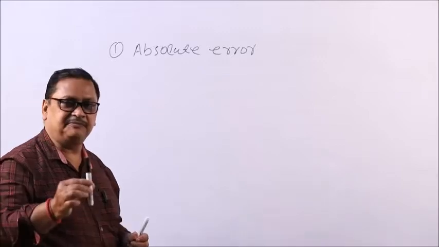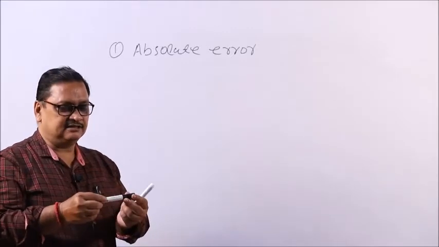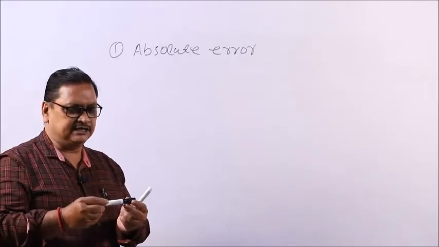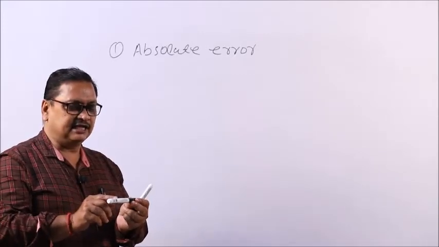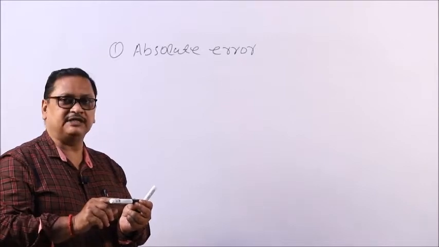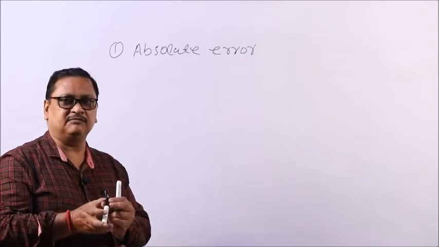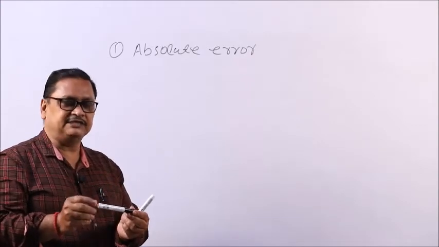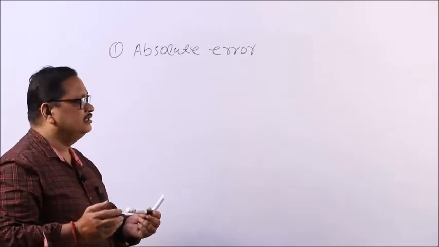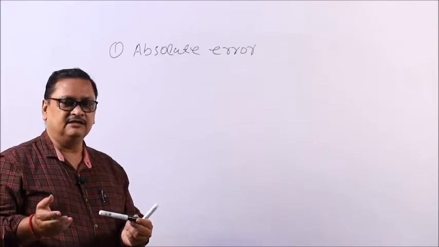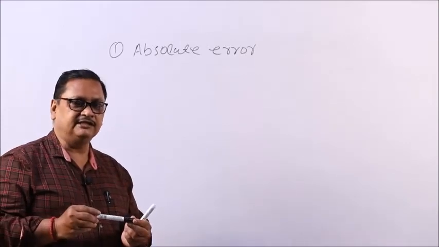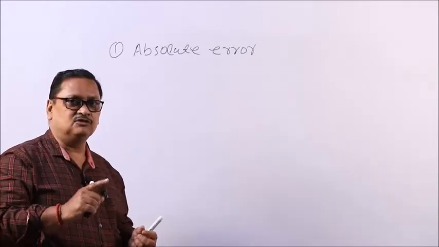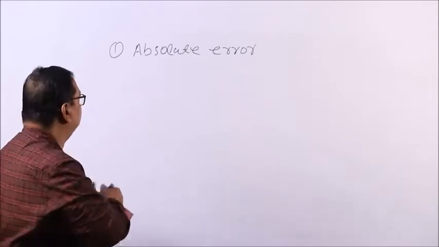Suppose this is a pen, or any stick or rod, and its true length is 10.1 cm. When you measure, suppose it is 10.19 or 10.09, that is the measured value. So, what is absolute error? It is the difference between true value and measured value.